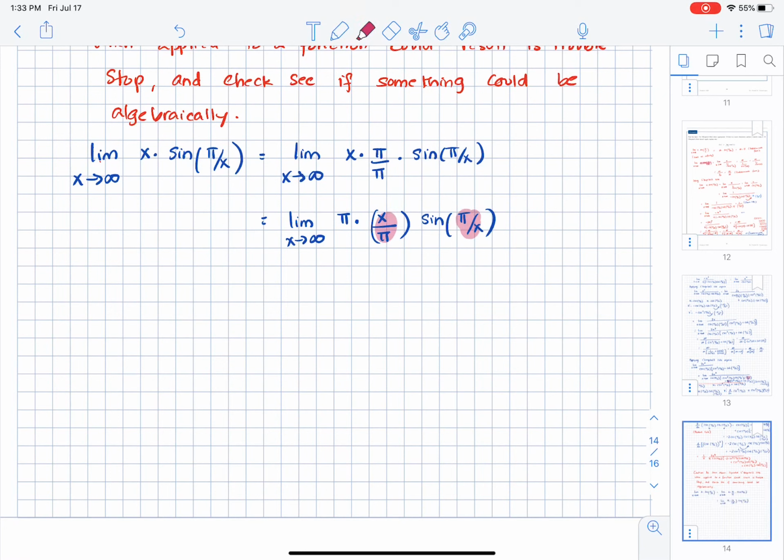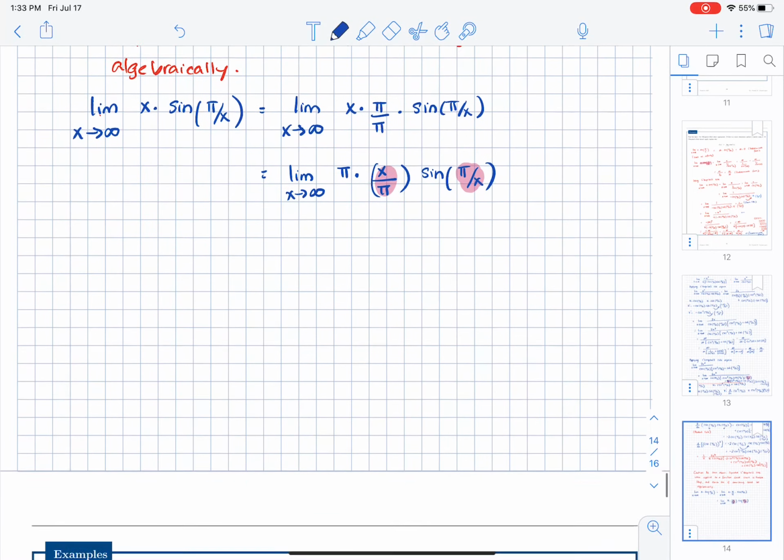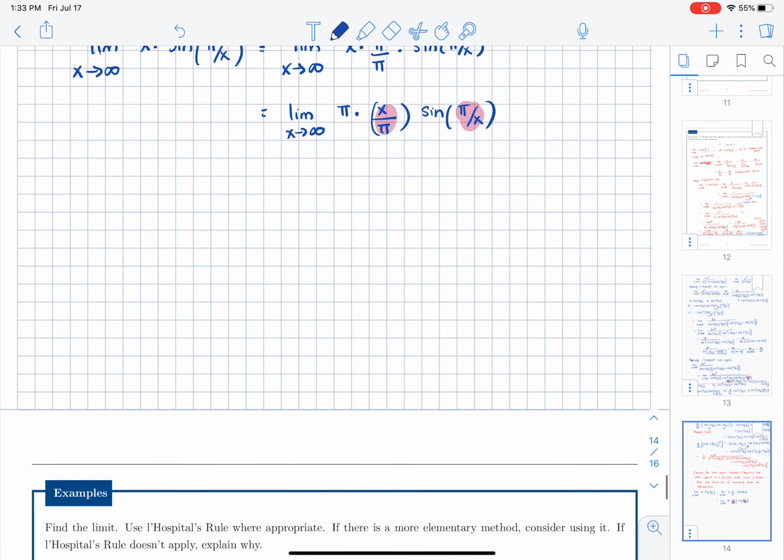Look at these two. They seem to be the same. So I can do something there. I'm going to pull pi out, and I can rewrite that expression as sine pi over x divided by pi over x.